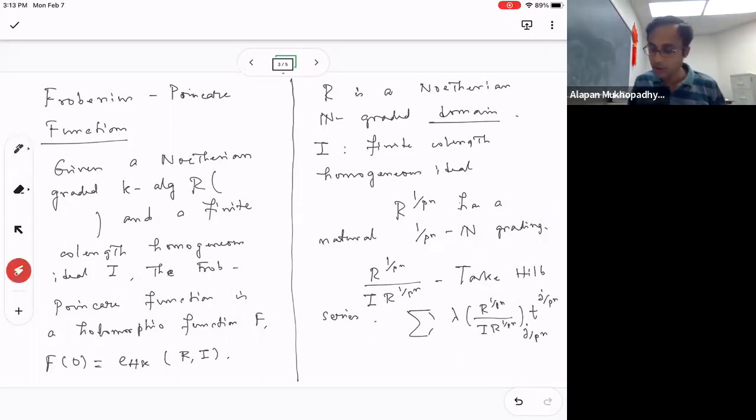So it's not the usual Hilbert series, but I allow for roots of the variable t. Now I want to study this Hilbert series as a holomorphic function in the variable t. To do that, I have to take the p^n-th root of the variable t, which is not possible in a holomorphic fashion. So for that, I make a change of variable.